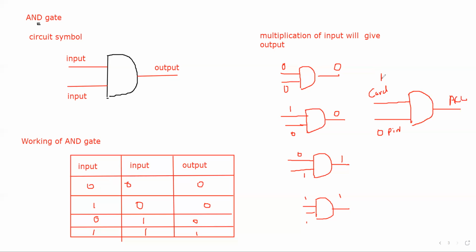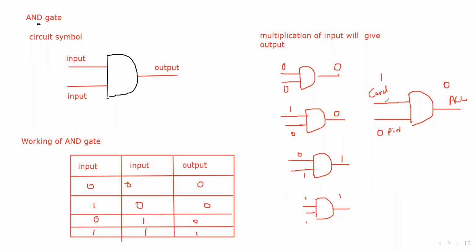So one of the inputs is 1, correct, and the other one is 0. As a result, 1 and 0, what will be the output? The output will be 0. It means that you will not have access to the account. It will block your access to the account.